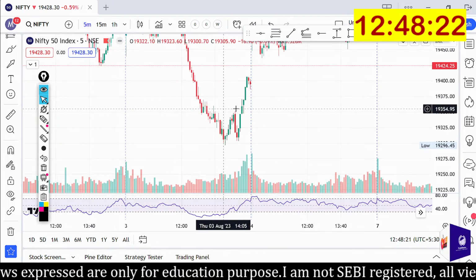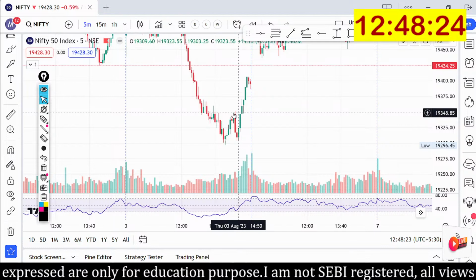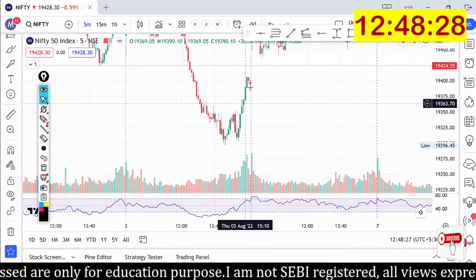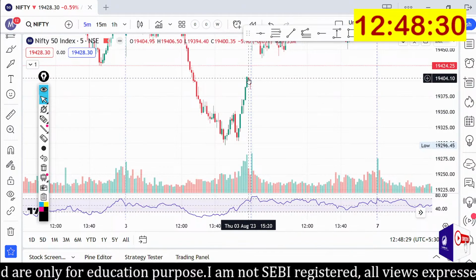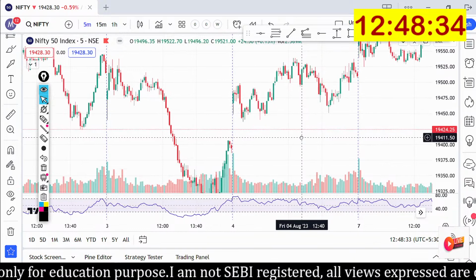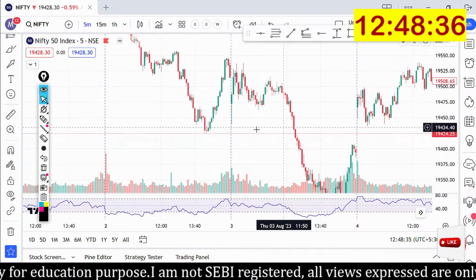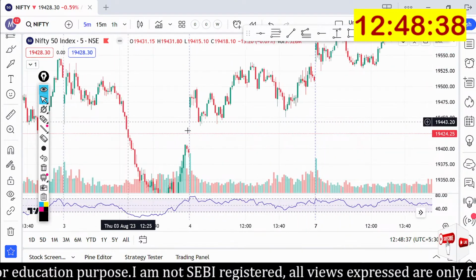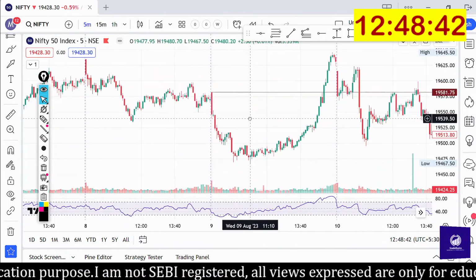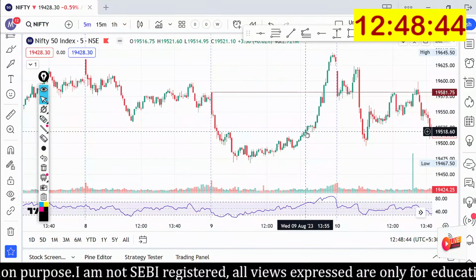So whatever selling had happened, this level is broken, and the sellers started covering their positions. And there will be a hundred other things, your global markets and other things, right? There will be patterns which will happen at 3 o'clock also. You just have to observe these 3 o'clock moves.